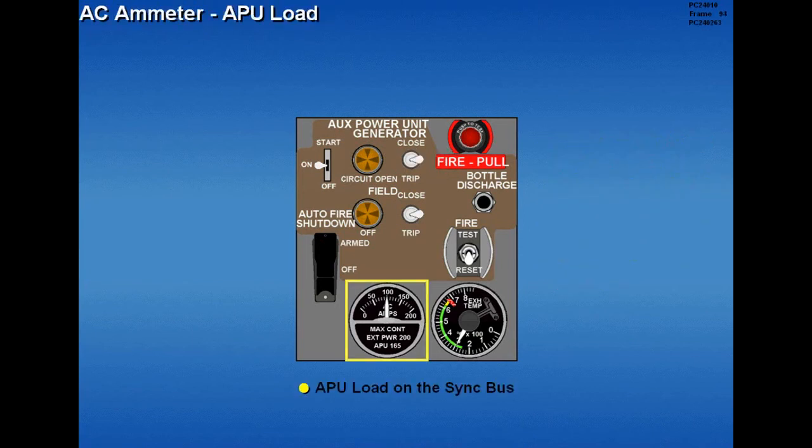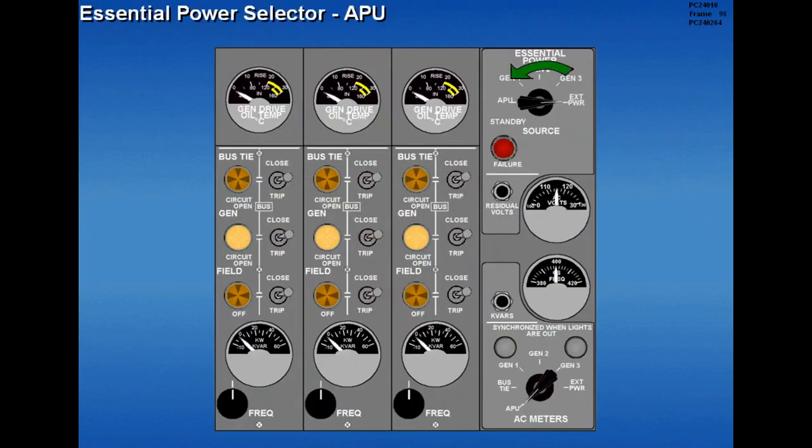APU load on the sync bus is displayed on the AC ammeter. Moving the essential power selector to APU places APU power on the essential AC bus.